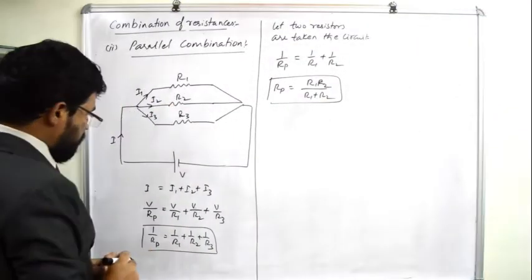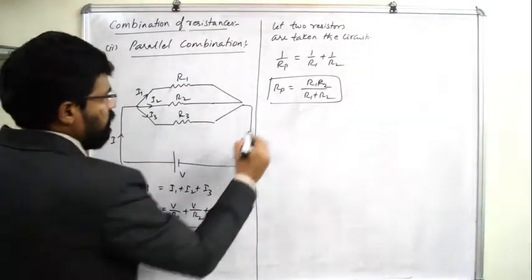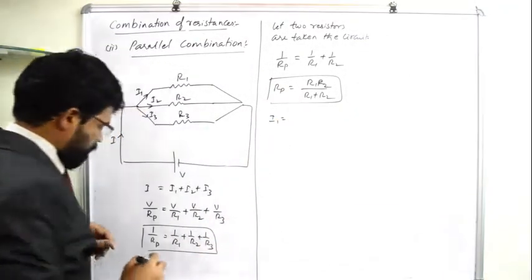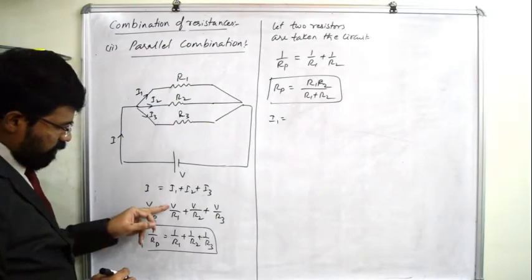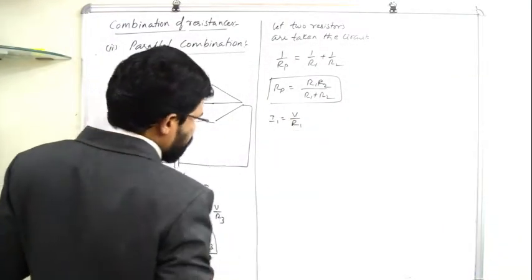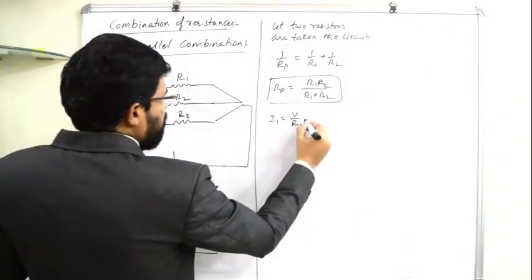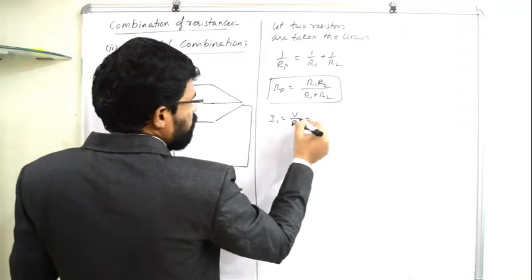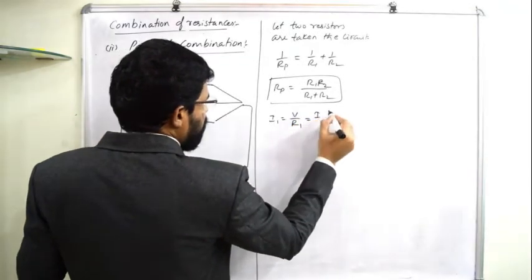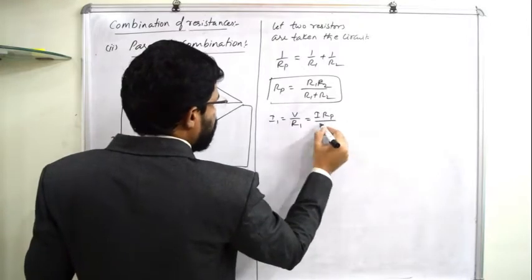Now let us find out what the values of I1, I2, I3 are. I1 is written here as V by R1, right? So I1 is equal to V by R1, isn't it? And V is the total potential, which is equal to total current in the circuit times total resistance offered by the combination, divided by R1.